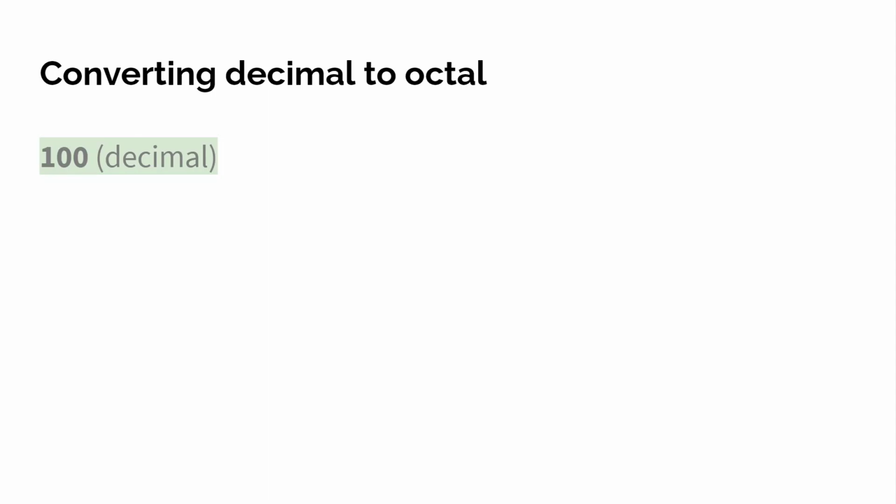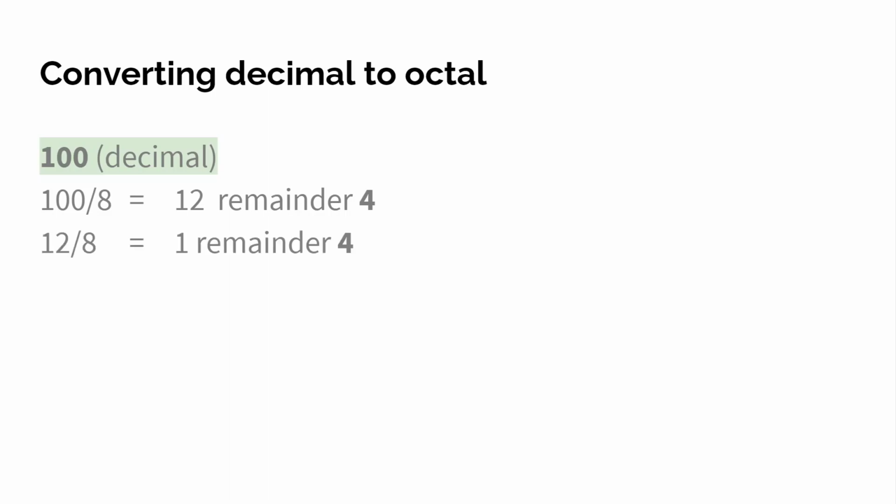Let's start with the decimal number 100. We can simply always divide by 8. 100 divided by 8 is 12 with a remainder of 4. Note that we here work with a remainder, so we don't do 12.5, we say 12 with a remainder of 4. Then we take the 12 and continue with that one. 12 divided by 8 is 1 with a remainder of 4.